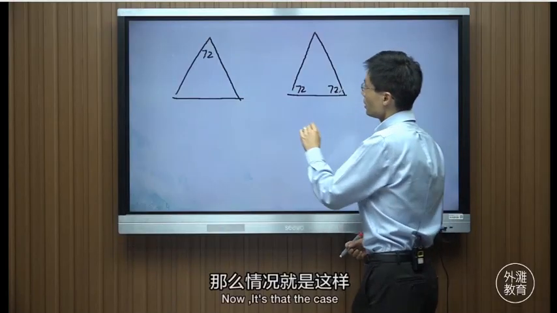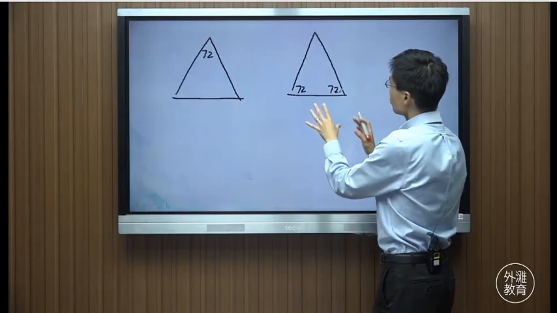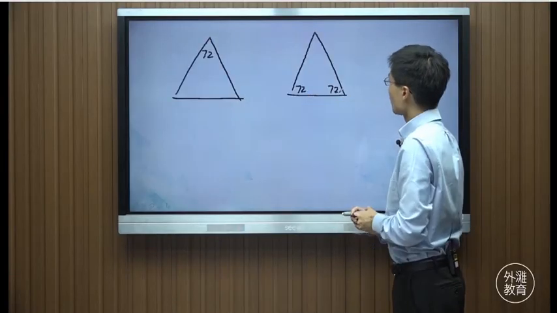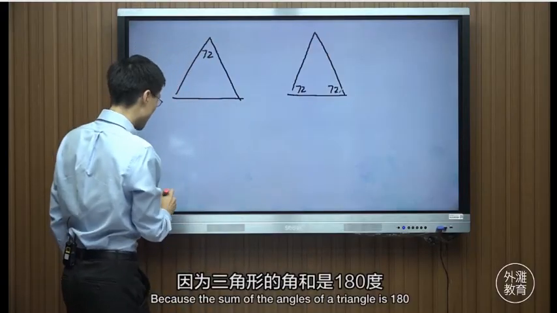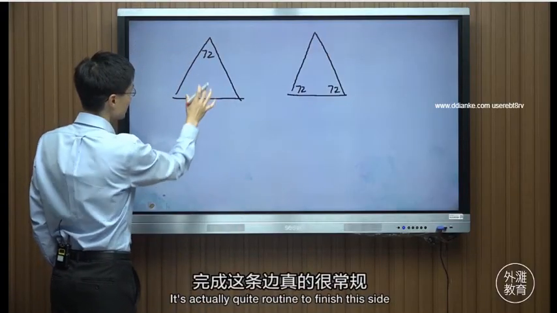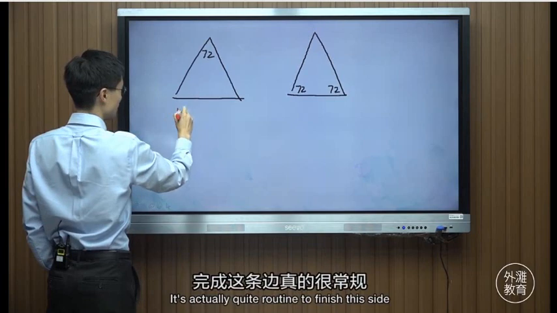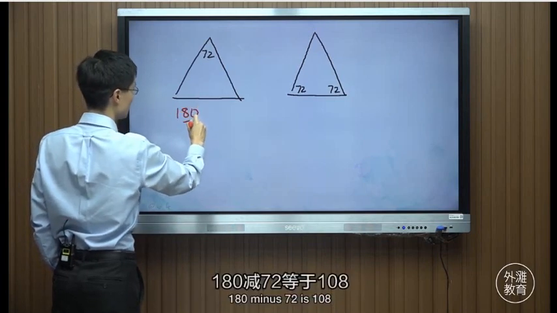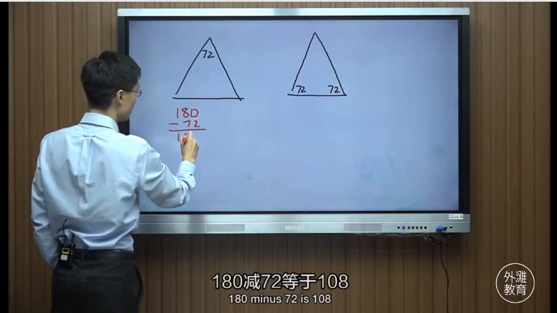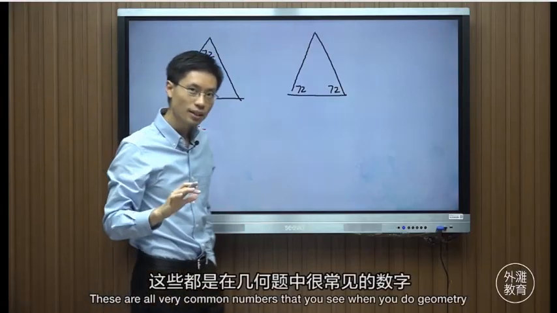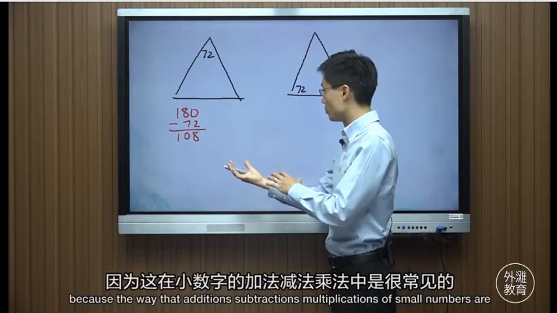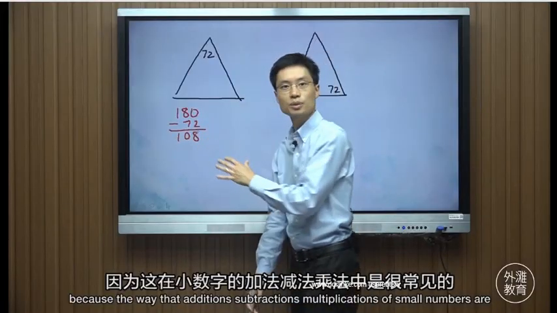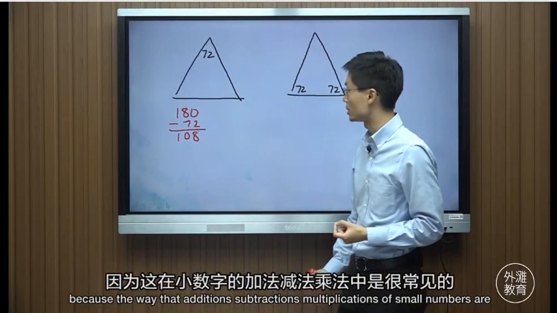Now, if that's the case, what does this look like? If this is a 72, because the sum of the angles of a triangle is 180, it's actually quite routine to finish this side. 180 minus 72 is 108. These are all very common numbers that you'll see when you do geometry because of the way that the additions and subtractions and multiplications of small numbers are.